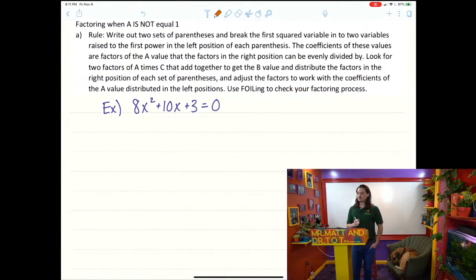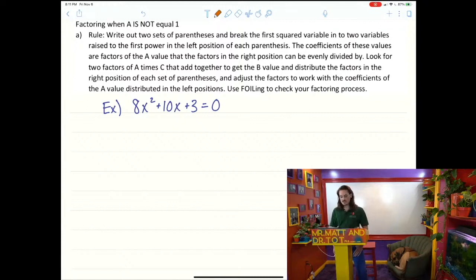But now let's talk about when a is not equal to 1. So when a is not equal to 1, you need to write out two sets of parentheses and break the first squared variable into two variables raised to the first power in the left position of each parentheses. The coefficients of these values are factors of the a value that the factors in the right position can be evenly divided by.